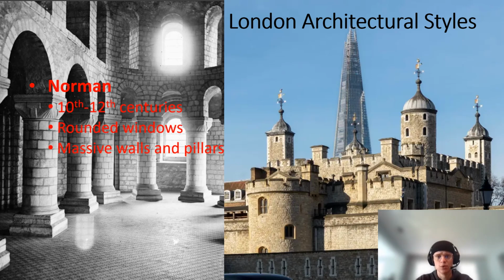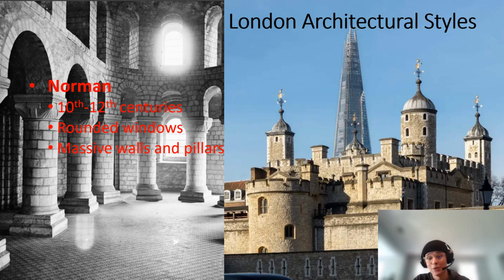And so, as we've learned, the biggest clues for telling us that a building is Romanesque are the rounded arches, the rounded windows. And we can see here on the right the White Tower with these super thick walls, massive fortifications, defenses, and these little punched out holes with rounded arches.